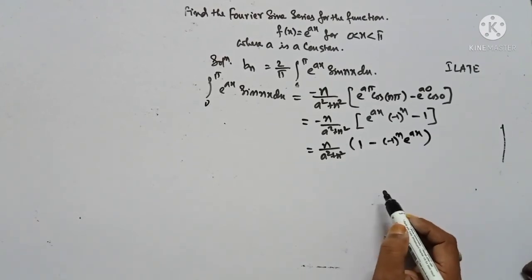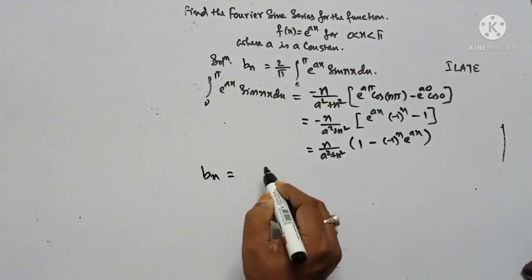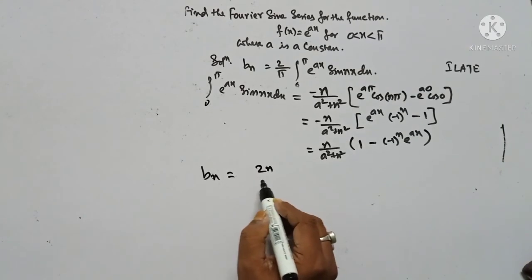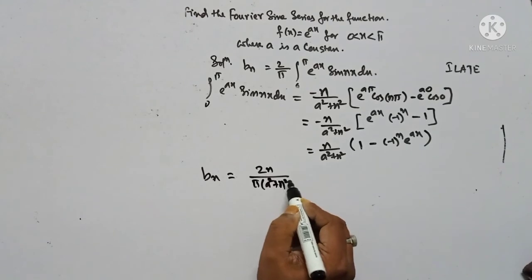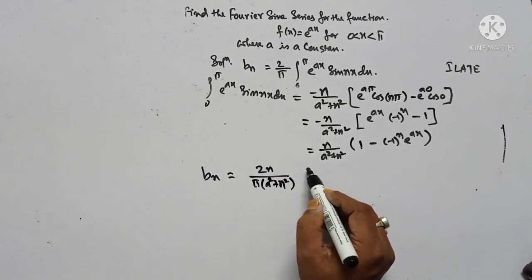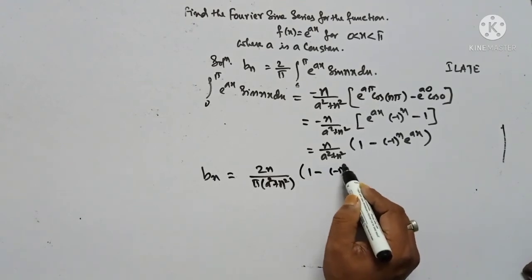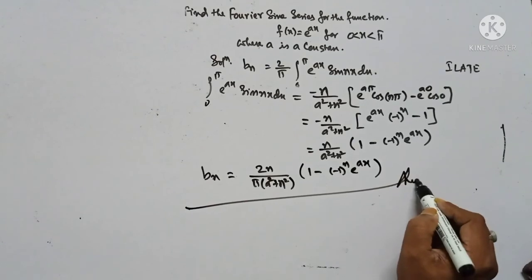Now I am going to place it in bn. So your bn will be 2n by pi times a square plus n square, and this value is 1 minus minus 1 to the power of n e to the power of ax. So this is your answer.